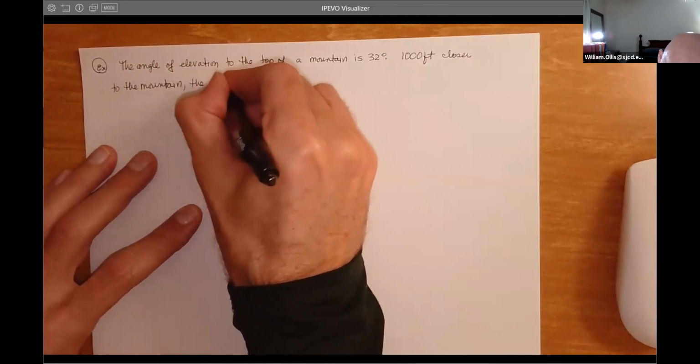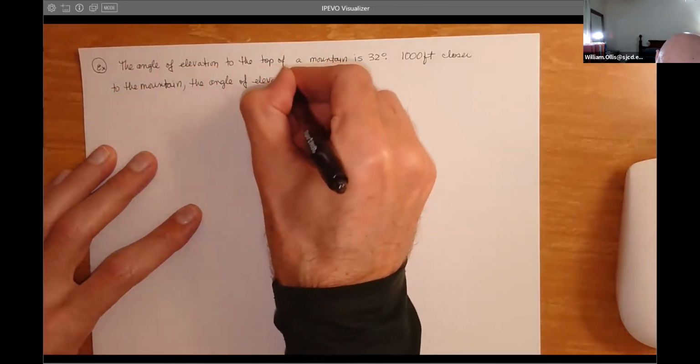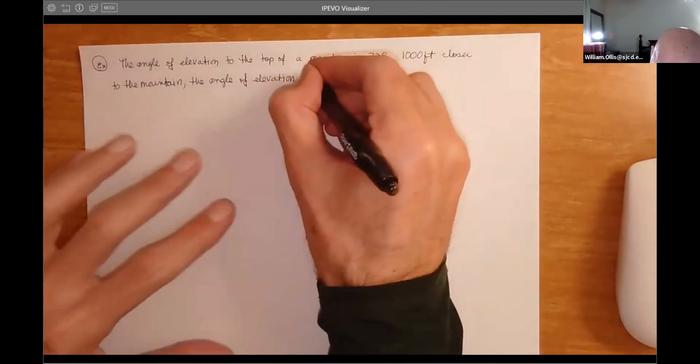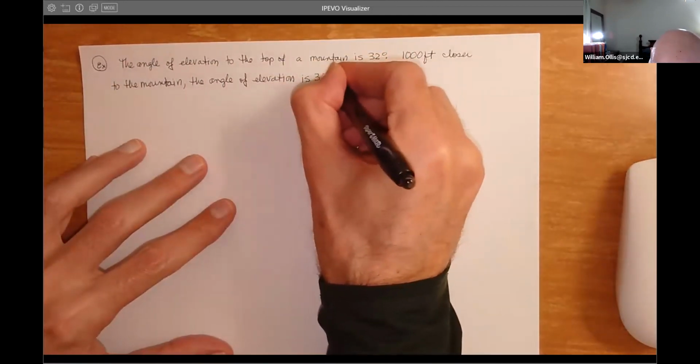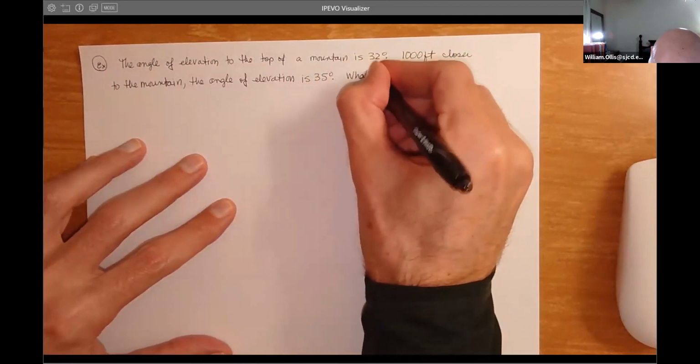So this is what a surveyor would do. What is the height of the mountain?